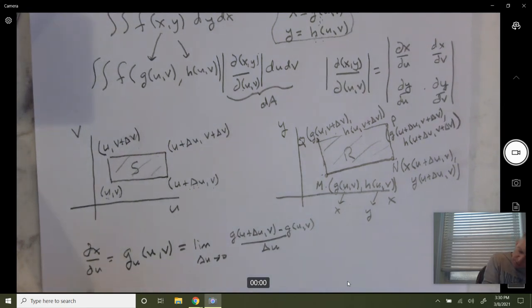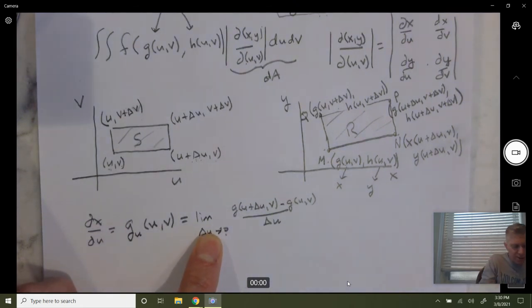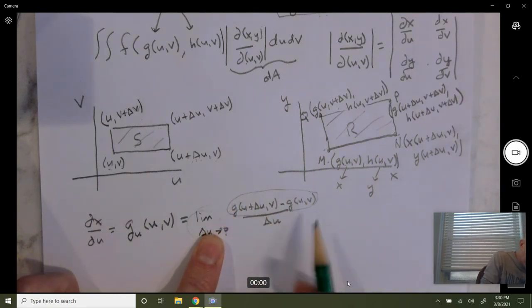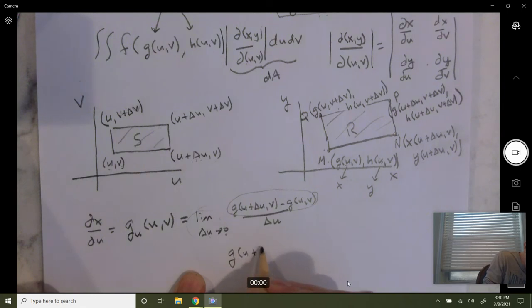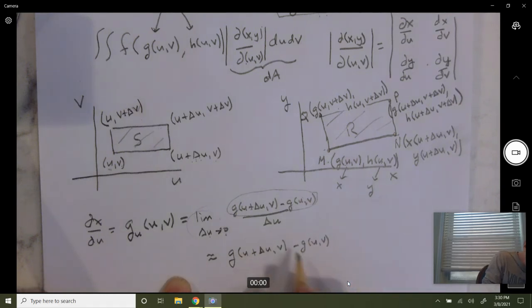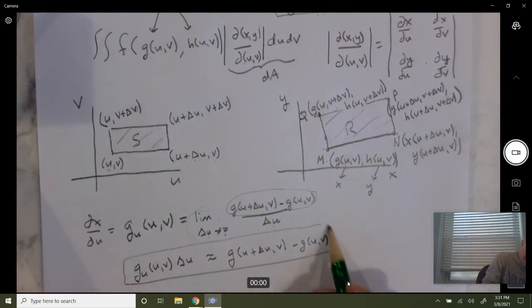I'm going to do one more step, and that's as delta u goes to 0, but we're going to think of this before it goes to 0, as a tiny approximation. Before we take this limit, we could say that g of (u plus delta u, comma, v) minus g of (u, v) is roughly equal to this thing times your delta u, so g_u of (u, v) delta u. We're going to come back to that in a minute.